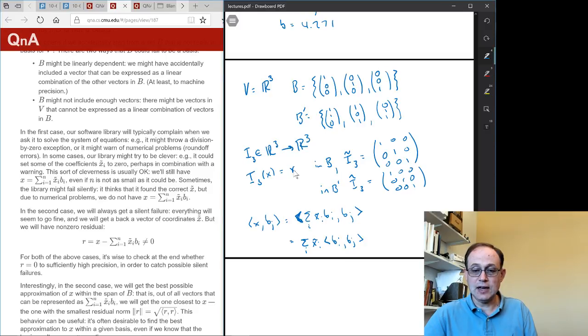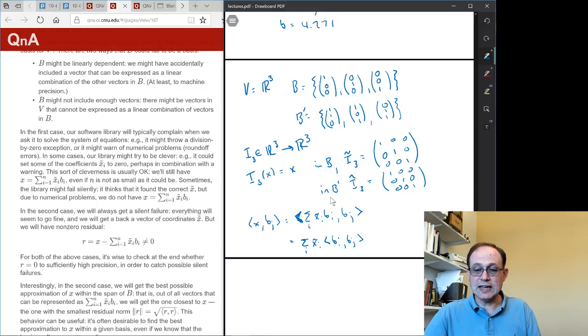So if we represent both x and I3 of x in our basis B, I3 of x has to have the same coordinate representation as x, and the only way to get that is by using the identity matrix. That's the only 3x3 matrix where if you multiply it by any vector, you get the same vector back.